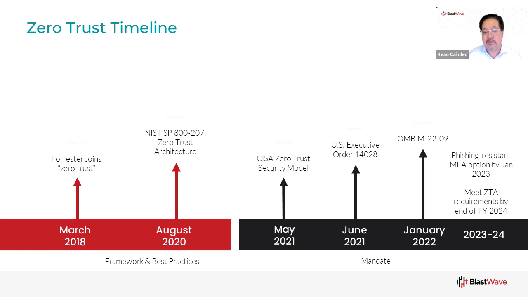And then it really accelerated with the White House issuing Executive Order 14028, which basically began to lay out the requirements for organizations, especially federal government organizations and agencies, to begin to comply with this notion of zero trust.